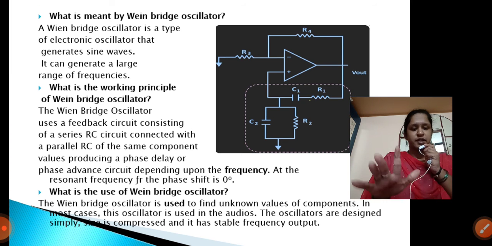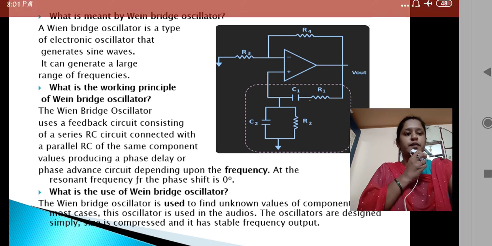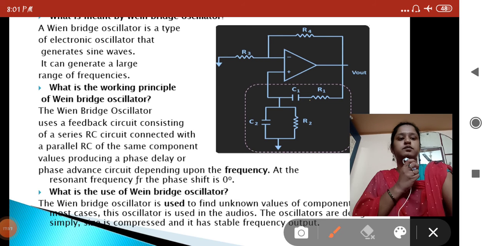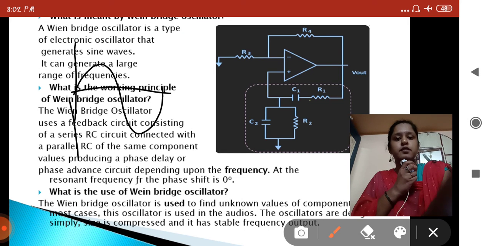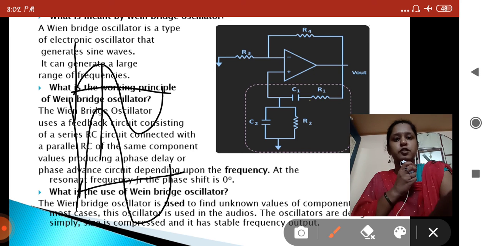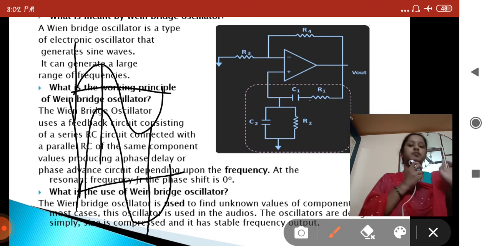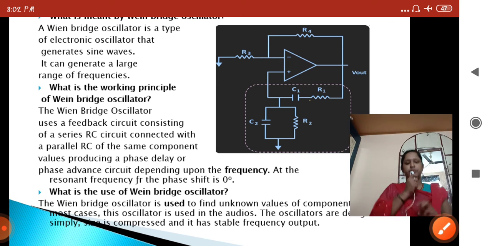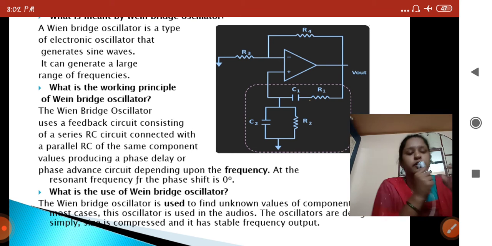It always generates a sine wave with a good peak, with a 0 degree phase shift. 0 degree phase shift means that if you give a sine wave as input, the peak to peak stays the same. There is no change in the peak. That is the 0 degree shift. If you are understanding, I thought.